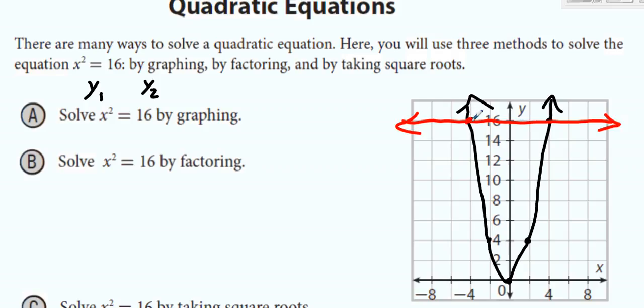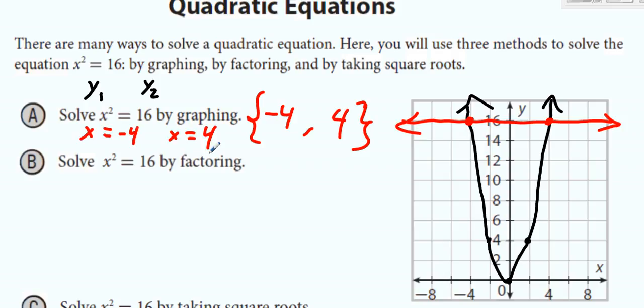So they intersect at those two points, x equals -4 and x equals +4. You could say x equals plus or minus 4. That would work too.